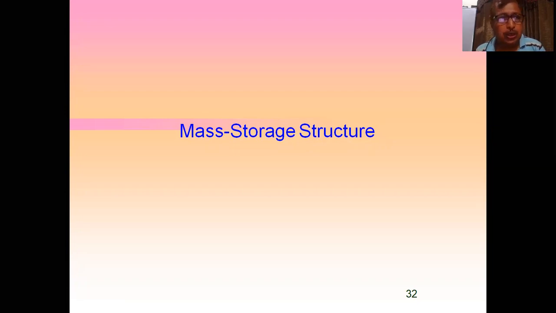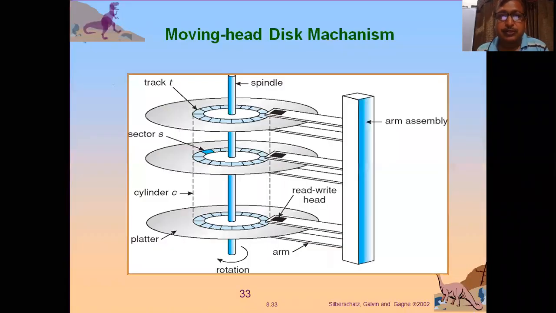Although the CPU cannot directly access mass storage, my data is permanently stored there. So the most important mass storage structure is the hard disk.